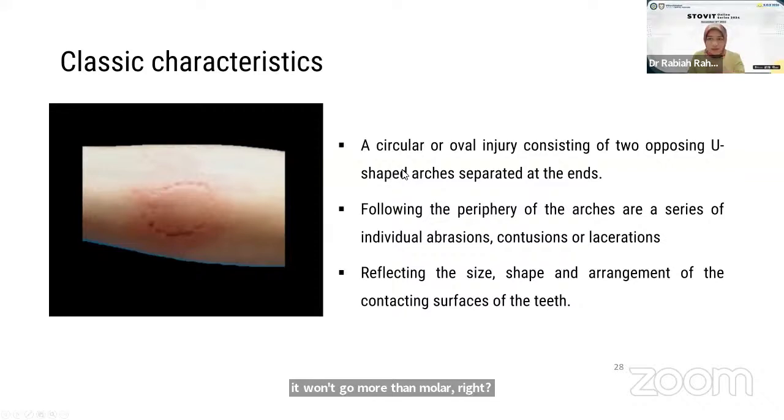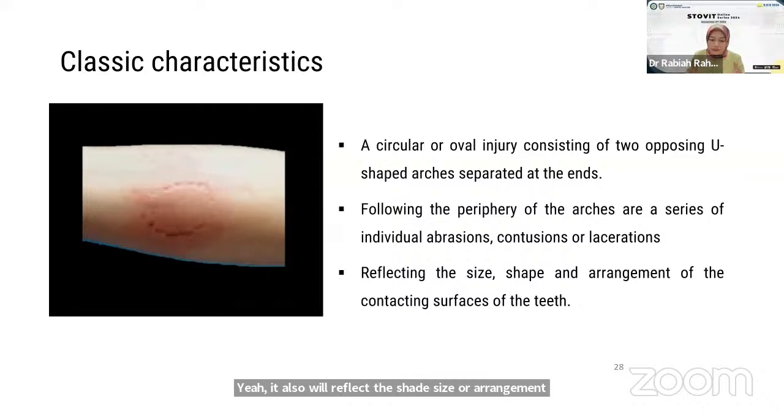It's a circular or oval injury, consisting of two opposing arches. Usually a vigorous bite will be associated with abrasion, contusion, or laceration. It will also reflect the shape, size, or arrangement of the teeth.